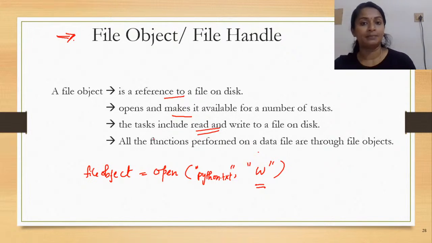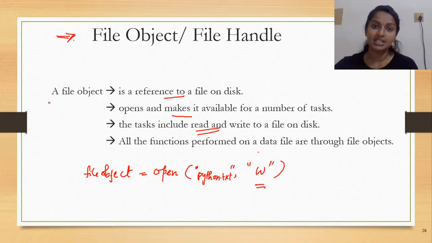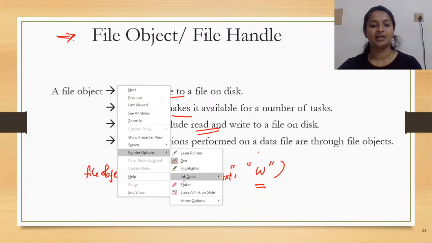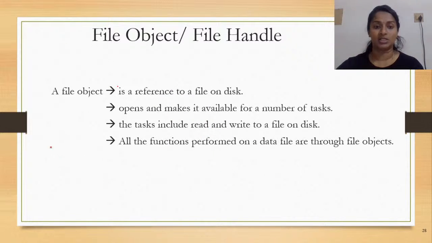So this is how it happens. If the file is not existing, then it would create a new file. The name of the file would be python.txt, the object would be the file object, and the pointer would definitely point to the topmost left corner. Okay. So this is all with the case of read and write modes. Okay.